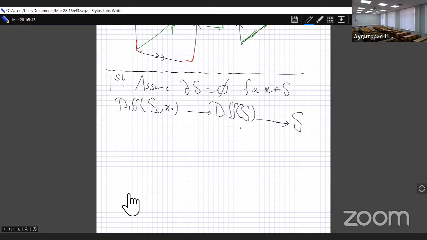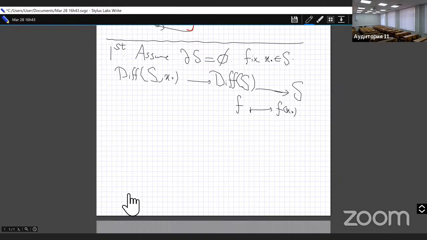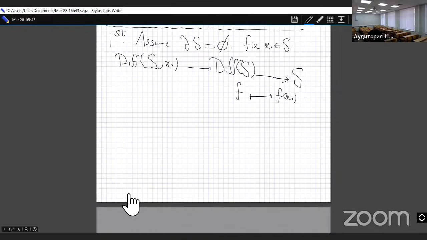It sends F to just F. So the fiber is all the diffeomorphisms of S fixing X. If we consider this, what can we say about it? By the exact sequence of homotopy groups, and by our conditions on S, we know that pi_i of S for i more than 1, that is 2, 3, and more, are trivial.